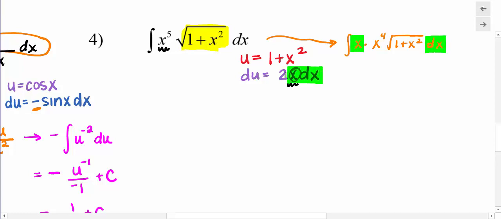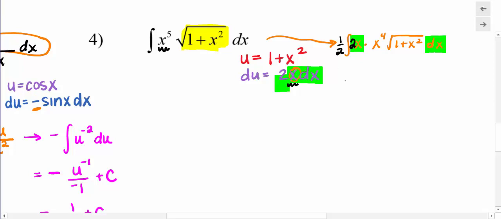But I'm going to need two of them, keep in mind. So I'll put the 2 in there and the 1/2 out in a second. But this was x to the 5th in front of my square root. I'm just separating it into those that I need and then those that are going to be extra. And then I recognize that I need 2x dx. So I'm going to multiply this by 2 and multiply outside by 1/2 because again, half of 2 is 1.